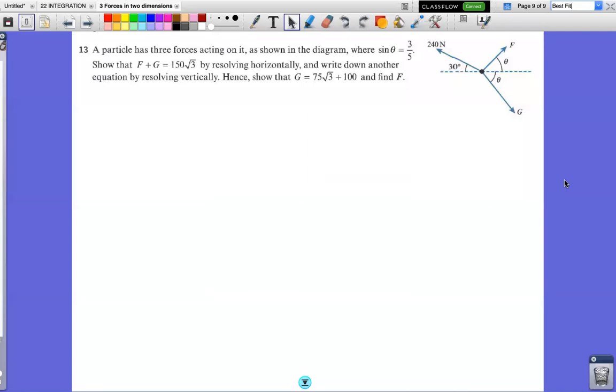Question 13 says a particle has 3 forces acting on it, as shown in this diagram, where sine theta is 3/5. Show that F plus G is this by resolving horizontally, and write down another equation by resolving vertically.